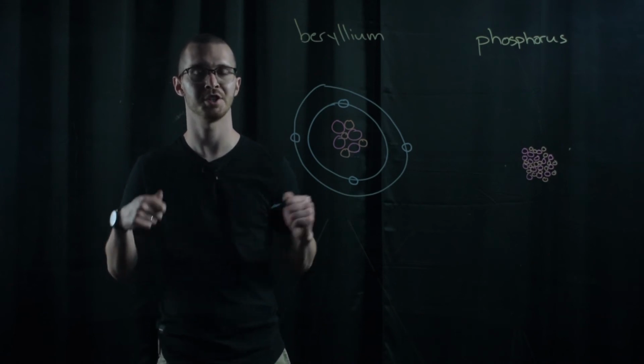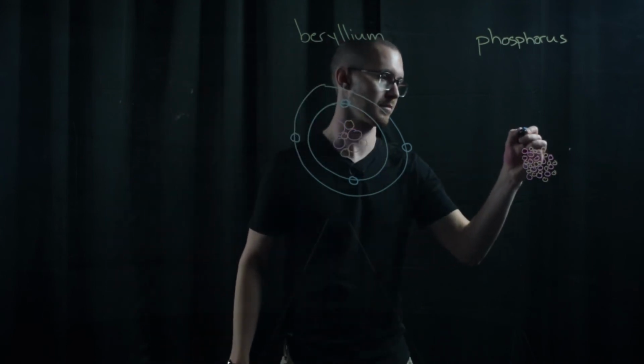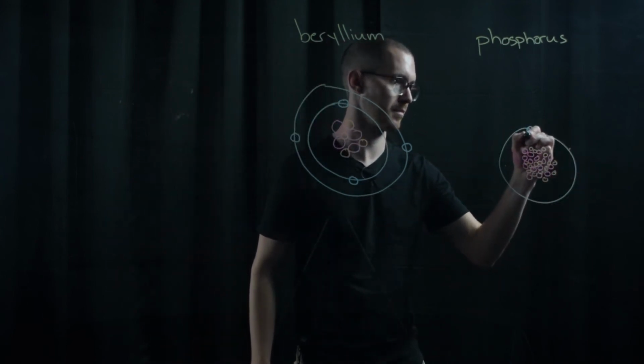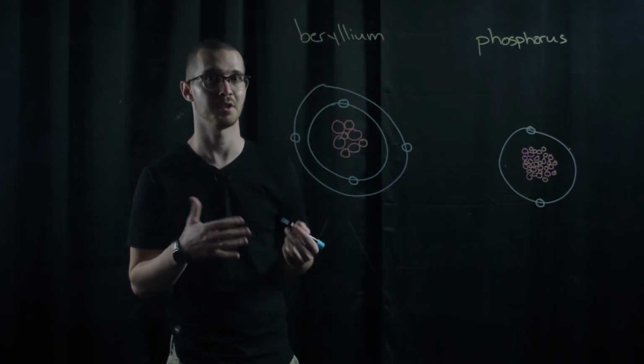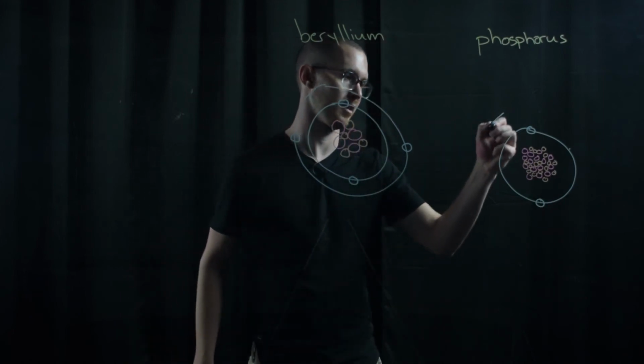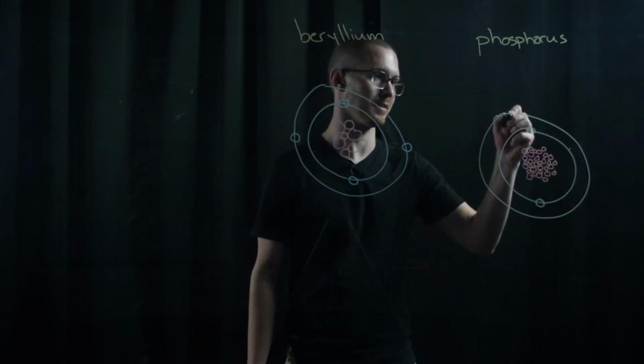So we need to make sure that we show what energy levels they're in. So let's start with our first energy level. 1, 2. So it means we have 13 electrons left to go. So we have to move to our next energy level. Remember, our next energy level, we can fit 8. So let's put those 8 in.